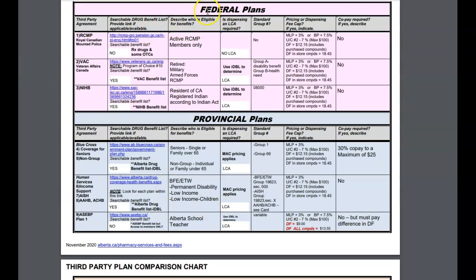So again, being able to identify the difference between our federal plans and our provincial plans. Now, sometimes we will have patients who might be an RCMP member and maybe they have non-group coverage for whatever reason. We might have a Veteran Affairs patient who, same sort of thing, may have non-group coverage.